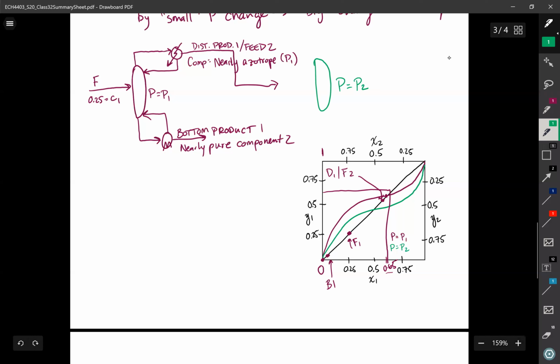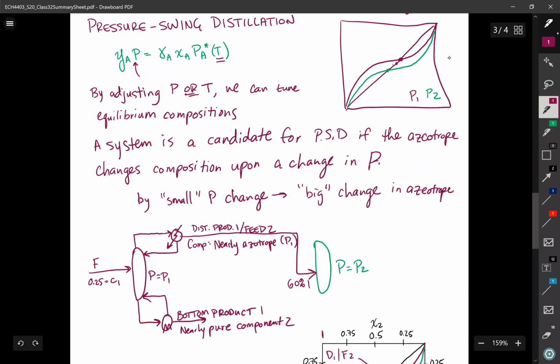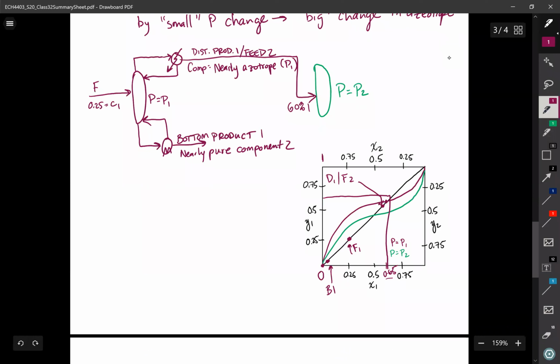So P is equal to P2. This stream, which has a composition we didn't put a number to, let's say the number is 60% component 1. That is going to be on the other side of this azeotrope, which is, let's say, 45% pure component 1.